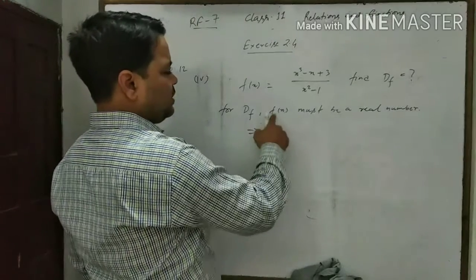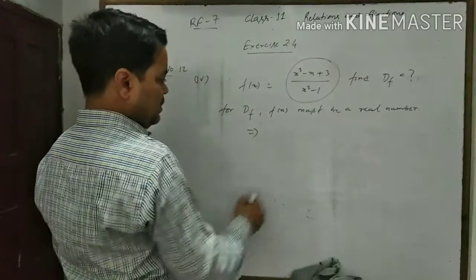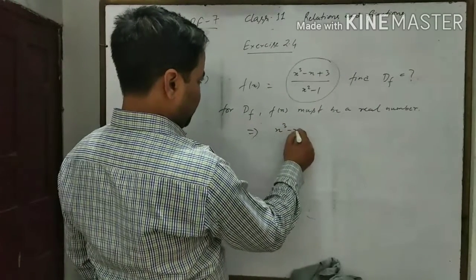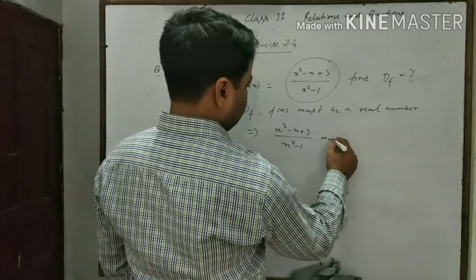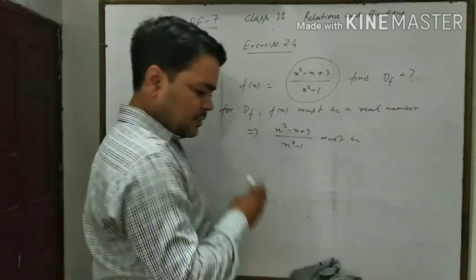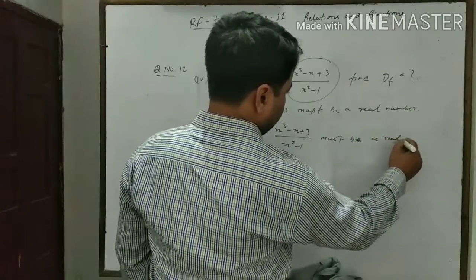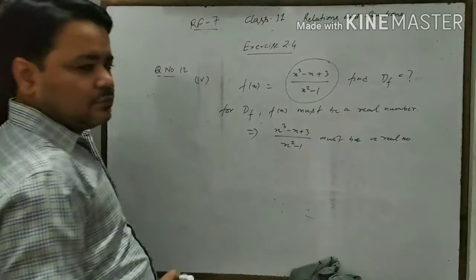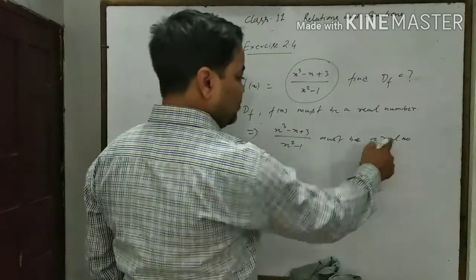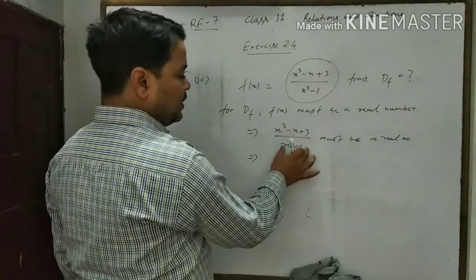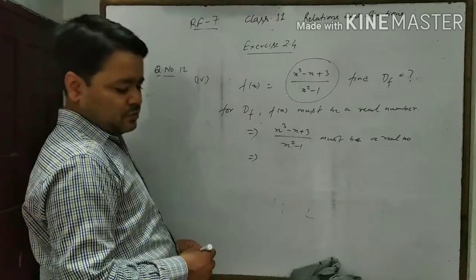And we know that here f(x) is what? Value of f(x) is equal to this. Therefore, this implies that x cube minus x plus 3 upon x square minus 1 must be a real number. And we know that it will be a real number when the denominator is not equal to 0.